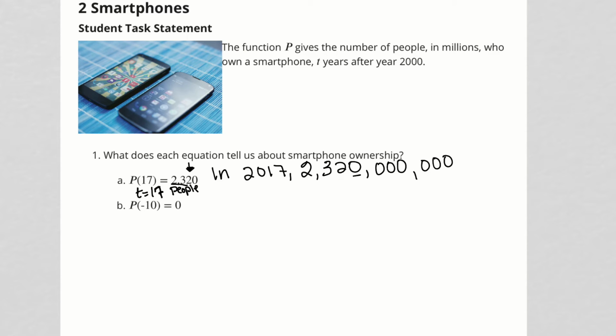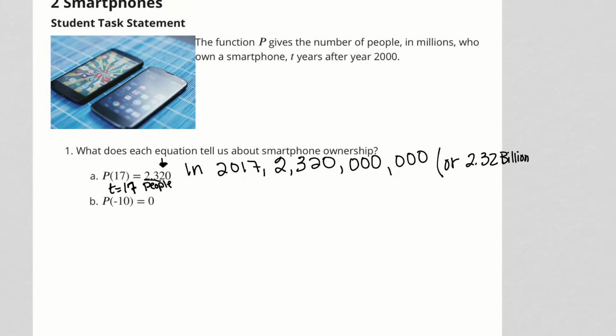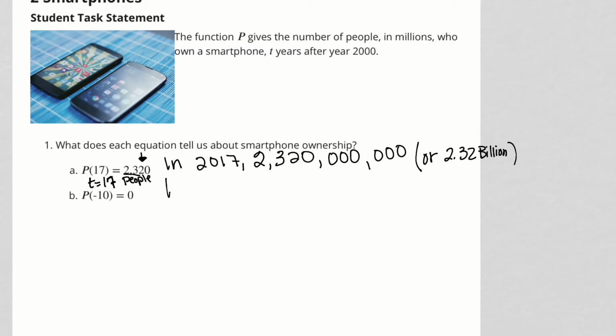We could also say, I'm going to put this in parentheses, 2.32 billion people own a smartphone.